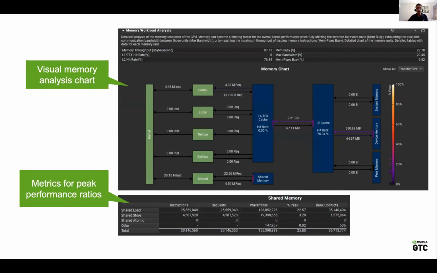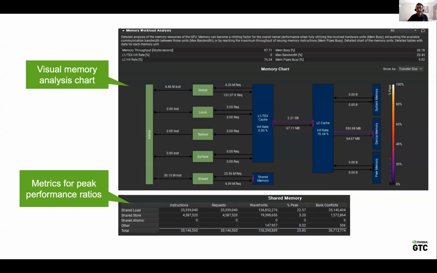Now this is showing one of the memory workload analysis sections, where it shows you the different levels of memories, the device memory, the L2 cache, the L1 cache, and the transfer sizes between those memories when your kernel is executing. You could also change this option to see the bandwidth utilized for those transfers.